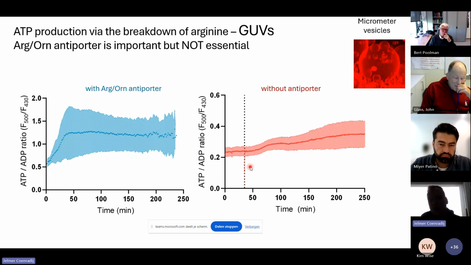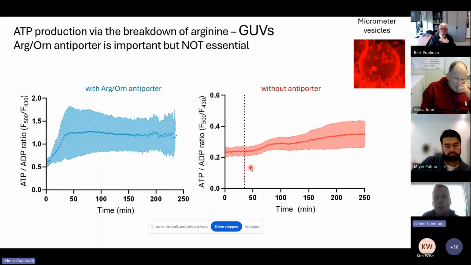Now, when we have the same system but without the antiporter, we still see the formation of ATP. So apparently we don't need the antiporter in our giant vesicles, our mammalian cell-sized vesicles, to have ATP formation. Having the antiporter is important because ATP formation is quicker, but it is not essential.